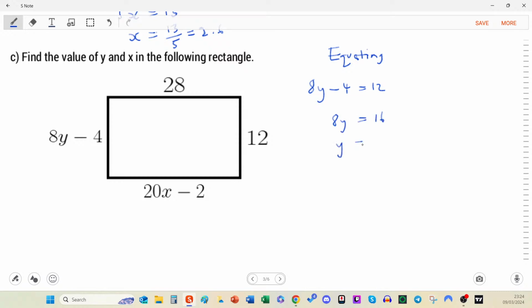And we get y equals 2. And the same down here. 20x subtract 2 equals 28. So 20x, I'm going to add 2 to both sides, becomes 30. And then we're going to get rid of that 20, divide by 20.